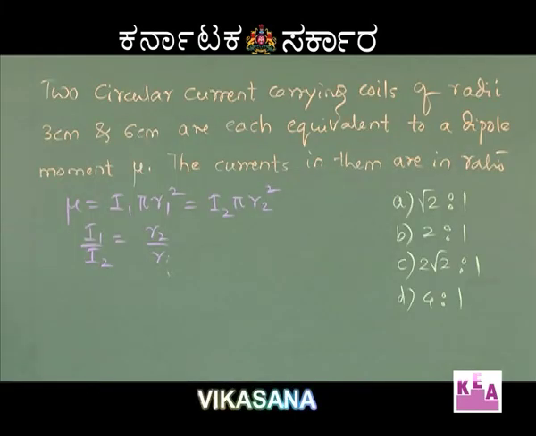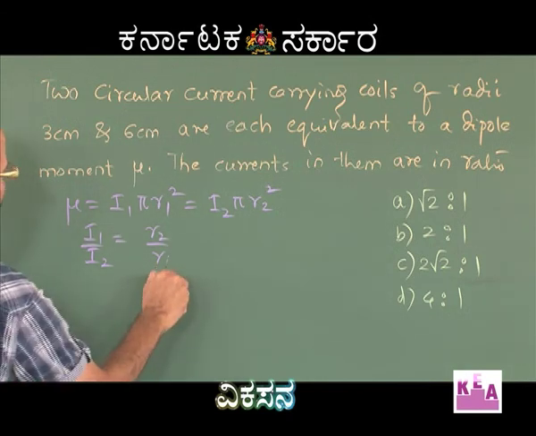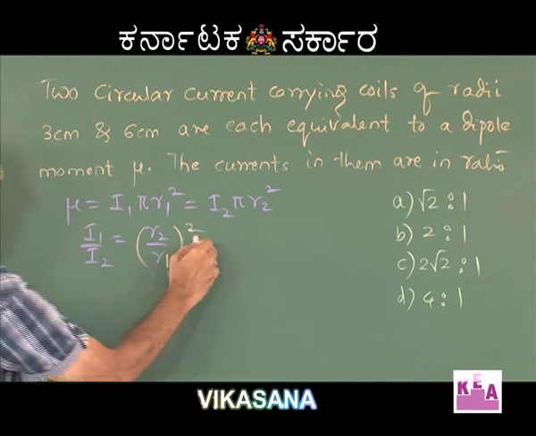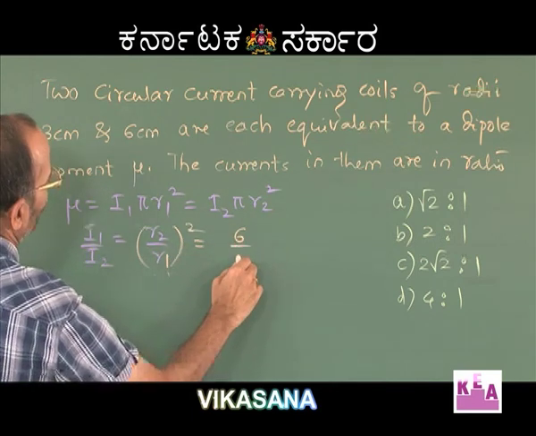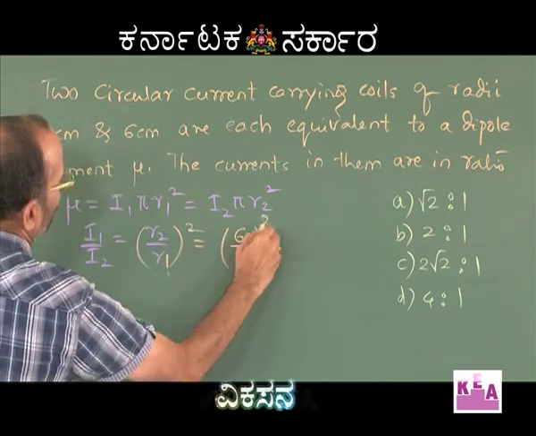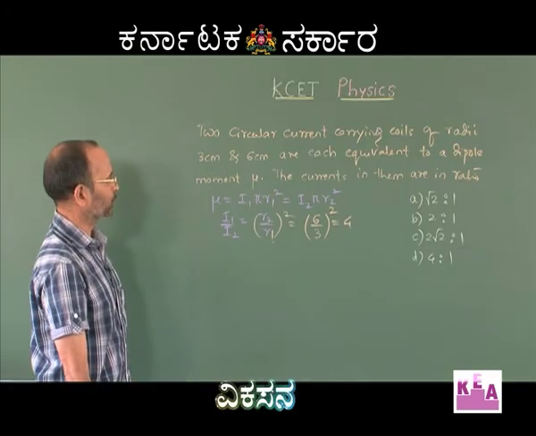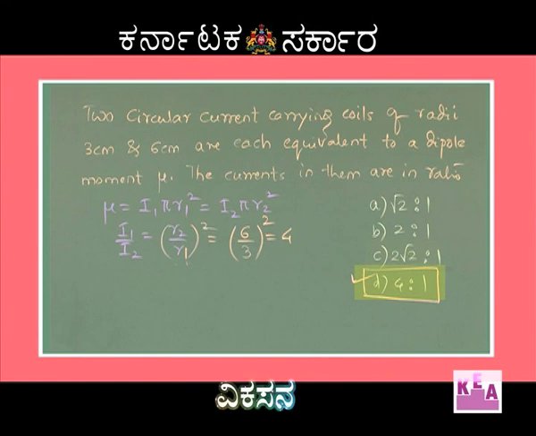So, that gives you I1 by I2 equal to R2 by R1 whole square. Fine, and R2 is given to be 6, R1 is given to be 3. So, 6 by 3 whole square will make it 4. Therefore, the ratio is 4:1 and the correct option is D.